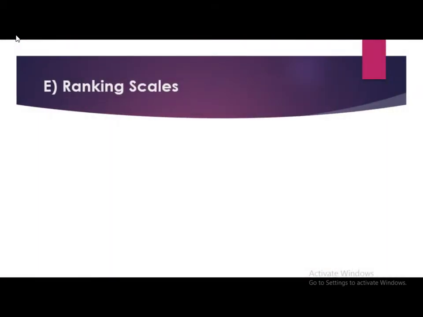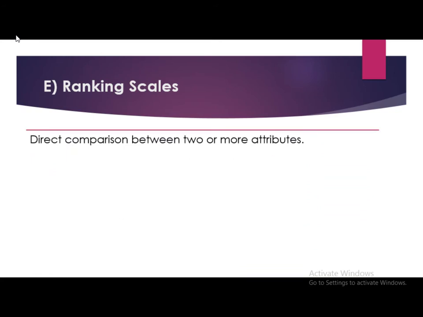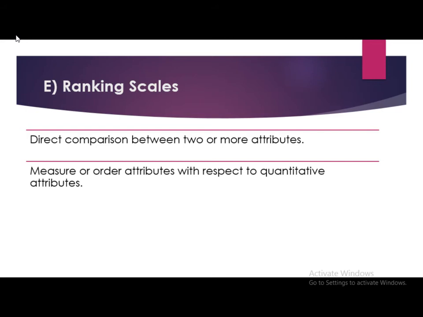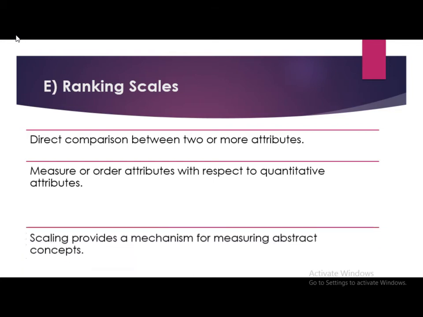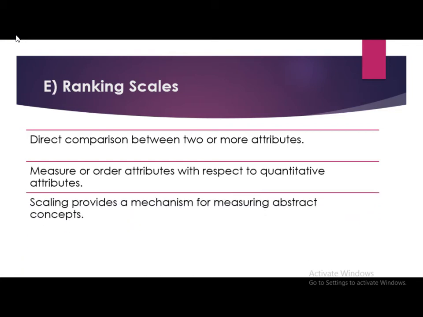Now we will move towards the next scale, that is the ranking scale. Here a direct comparison between two or more attributes is there. Scaling emerged from the social sciences in an attempt to measure or order attributes with respect to quantitative attributes or traits. Scaling provides a mechanism for measuring abstract concepts.